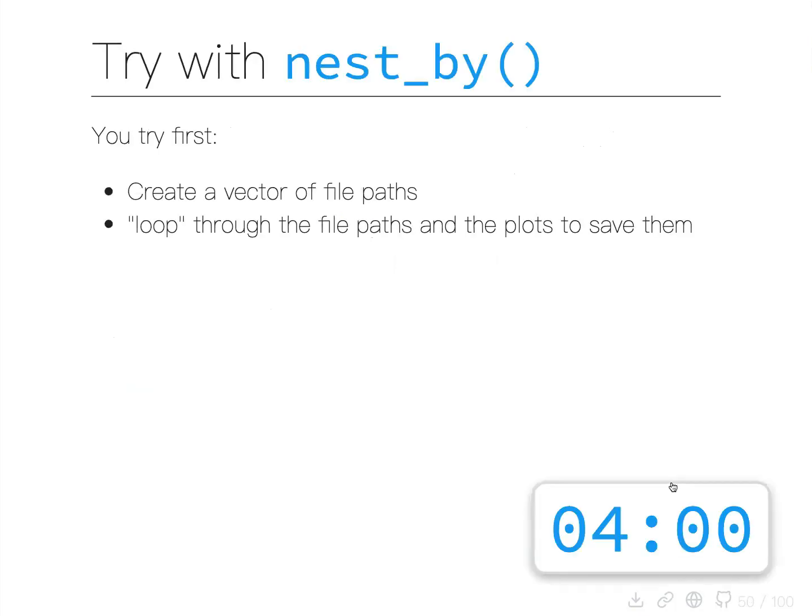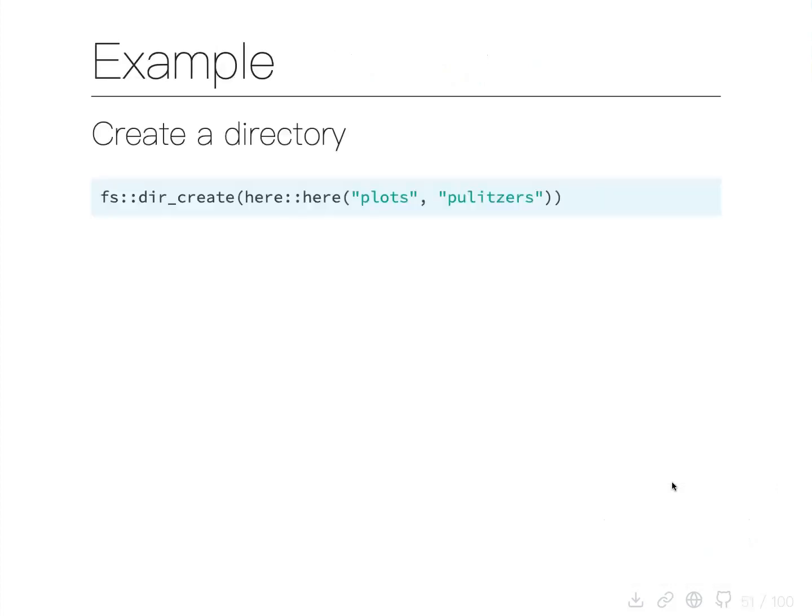So we're not going to take the 4 minutes for this, but I will just show you instead. Okay, so we can do this, and we're going to do just what we said. We would first create a directory. I left that step out of here, but then we're going to create the vector of file paths, and then we're going to loop through all the plots that we just created and the file paths, and we're going to save them all. Okay, so here's a quick example of how I would do it.